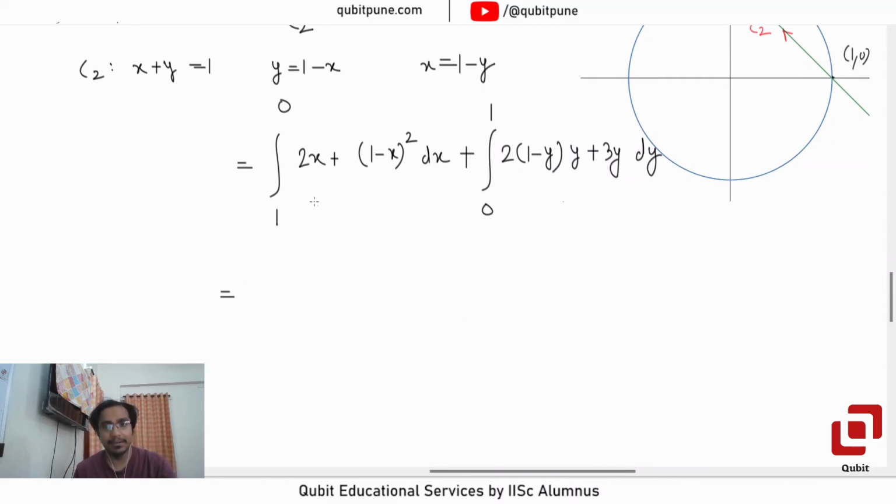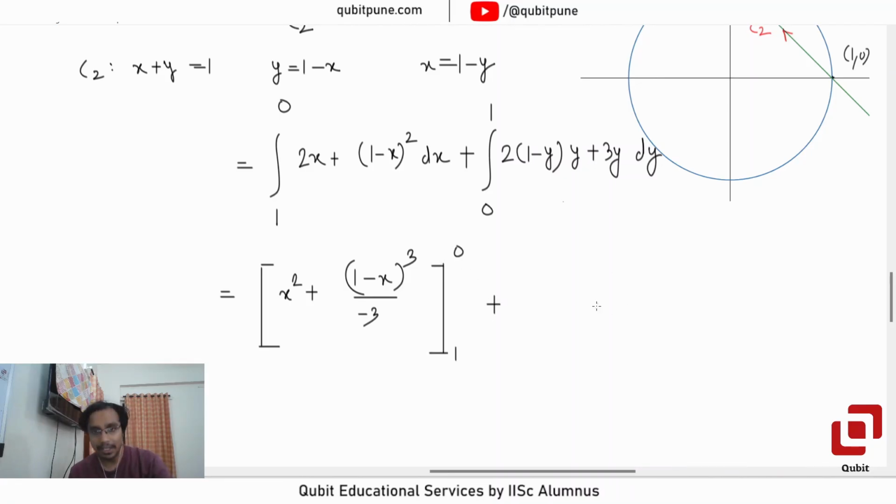Let's go with the first one now. 2x, so it's x squared. This, it would be (1 minus x) cube by 3 with that negative sign, from 1 to 0. Now look, it's 1 minus y here, right?